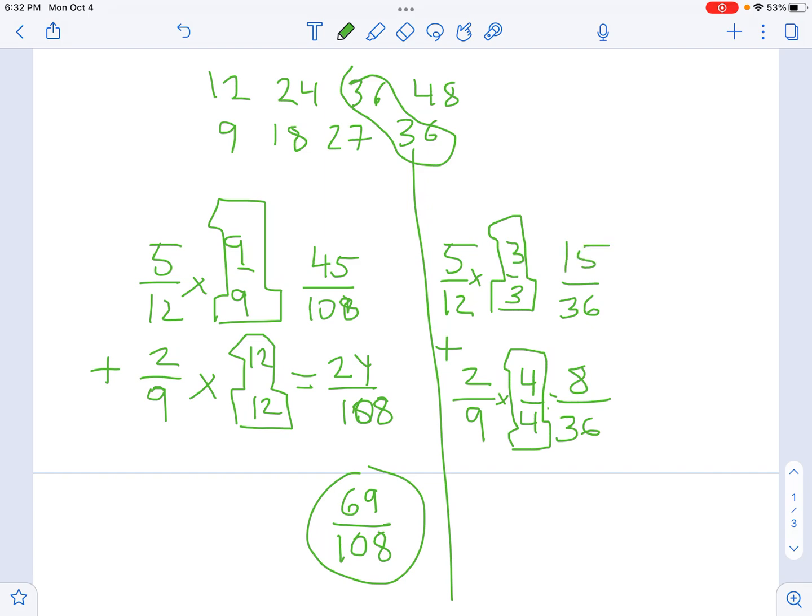So now, instead of adding 45 108ths and 24 108ths, I'm going to be adding 15 36ths and 8 36ths, and I end up with 23 36ths. As it turns out, if I divided 69 over 108 by 3 over 3, I would get the same thing. It just depends on how many steps you want to do. But the final result is going to be 23 over 36.